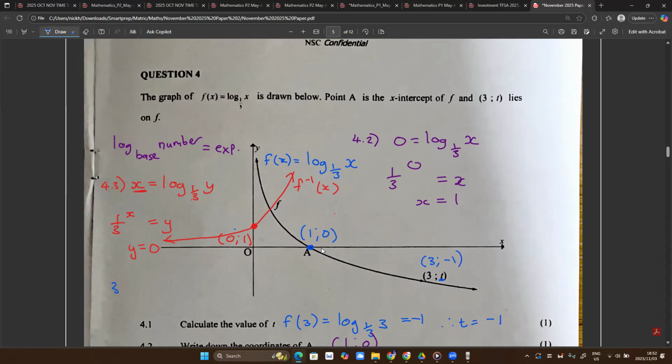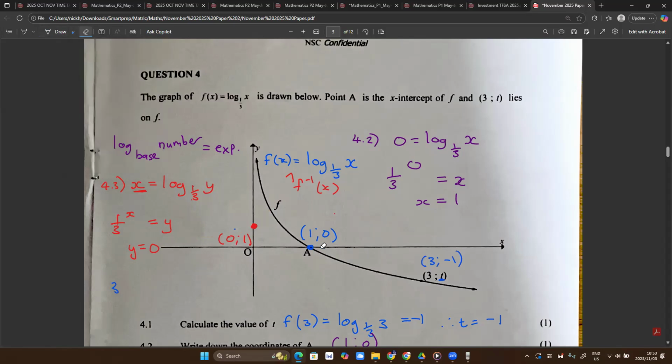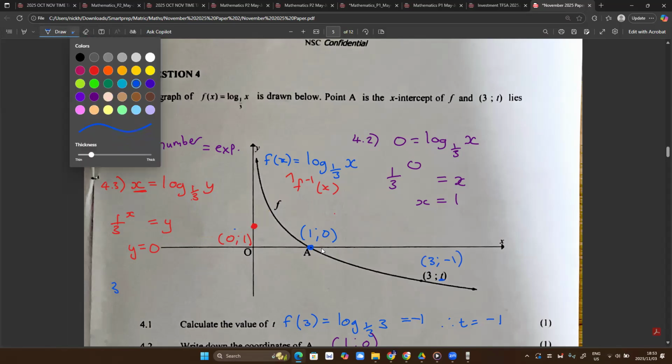And with 3 to the minus 1, our exponential graph would go the other way. So we don't have to change the asymptote or anything, but it goes this way around. Who had a heart attack, or who was screaming at their screens, "He's done it wrong"? Okay, so it goes this way.